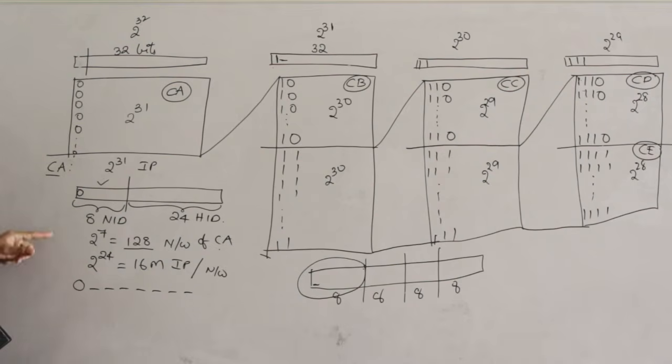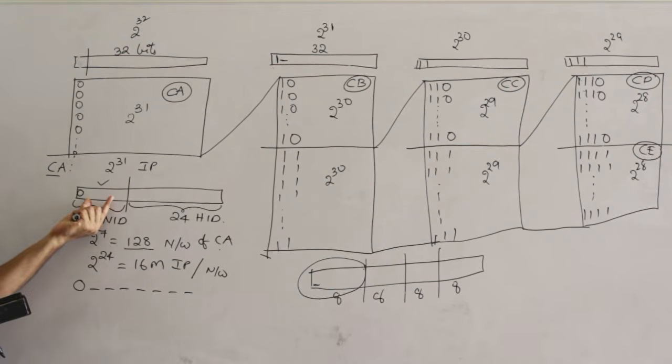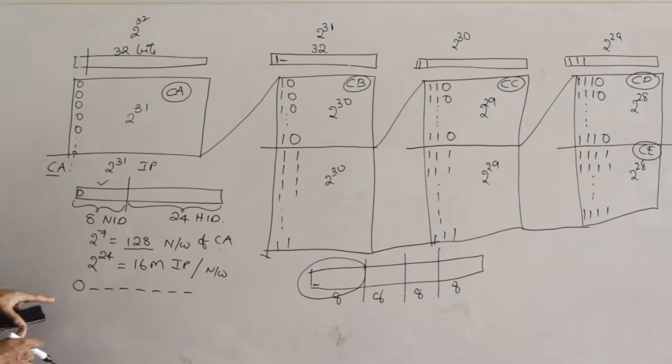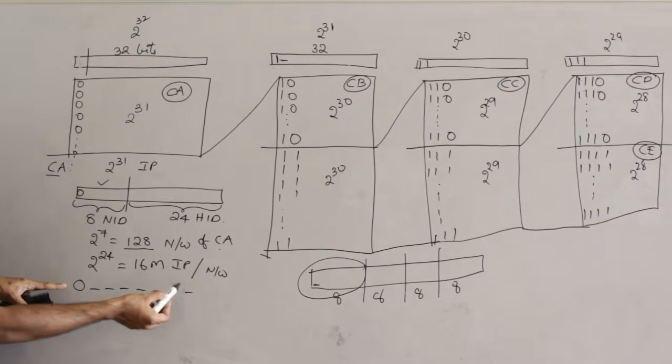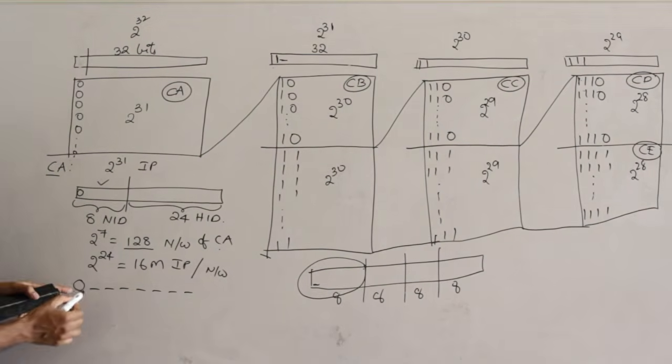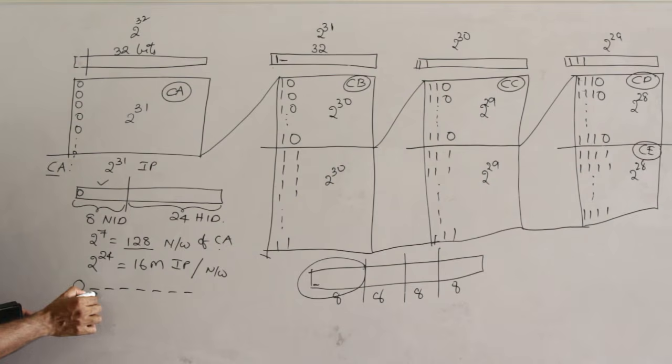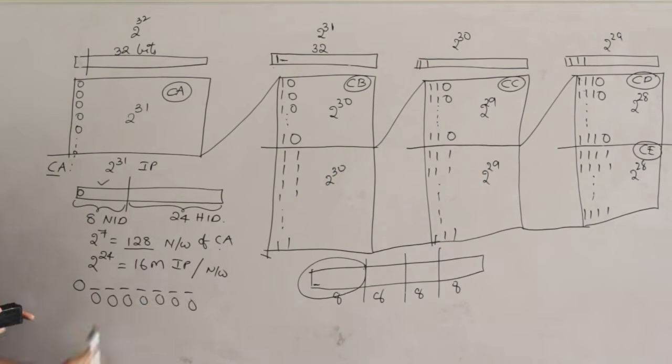So using the first octet, I want to see what is the range of numbers that can fall in the first octet if the network, or the IP address, belongs to class A, right? So now 0 and all these 7 bits can be zeros, 0 0 0 0 0 0 0.